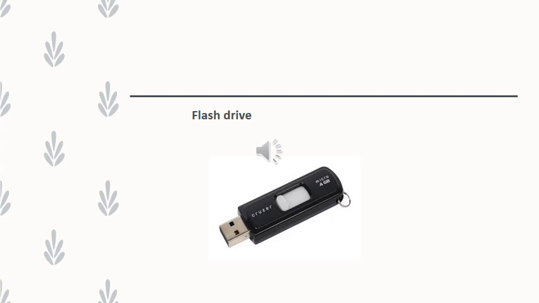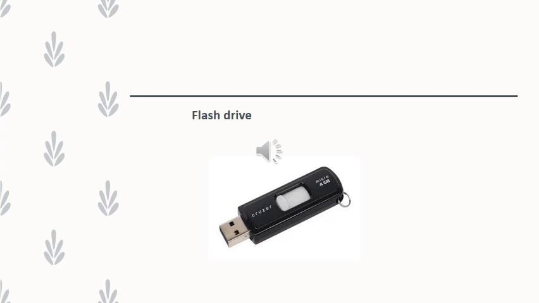Next is flash drive. You are all well known with this word. What is flash drive? Why do we use it? Flash drive is a small storage device that can be used to transport files from one place to another. For example, you have written any document or prepared any paper in your computer and you want a backup of these documents.